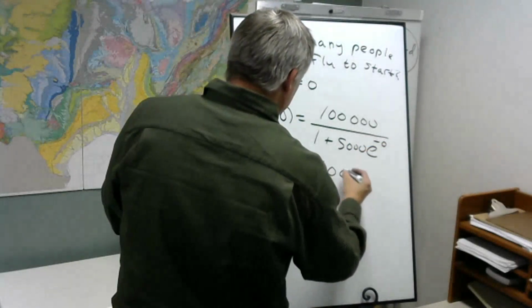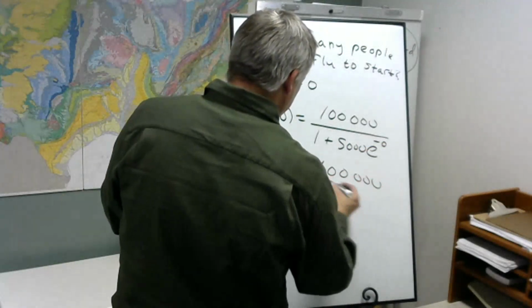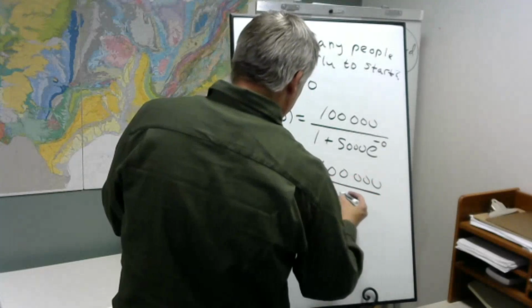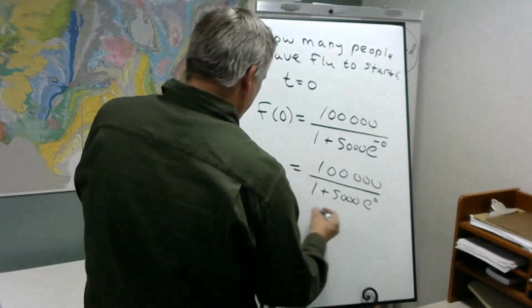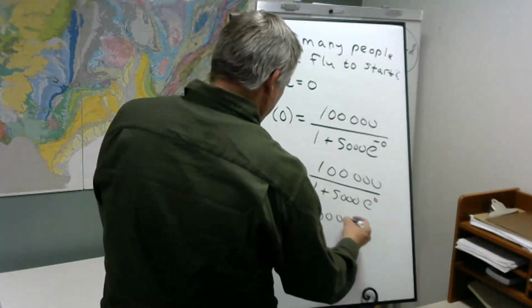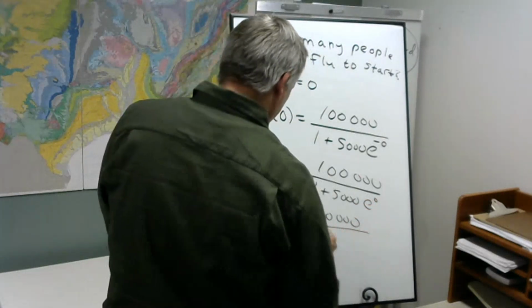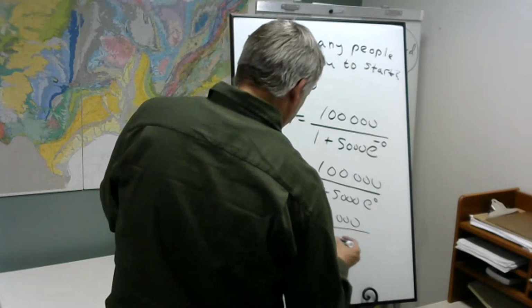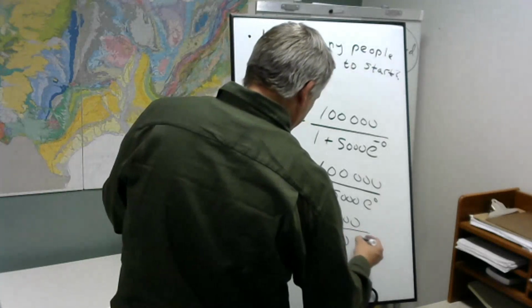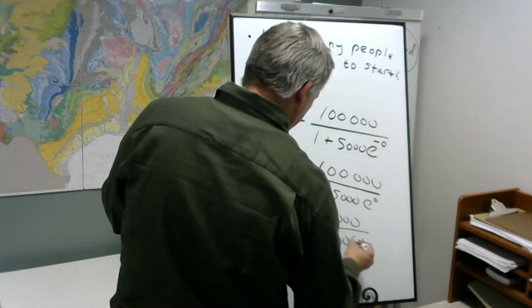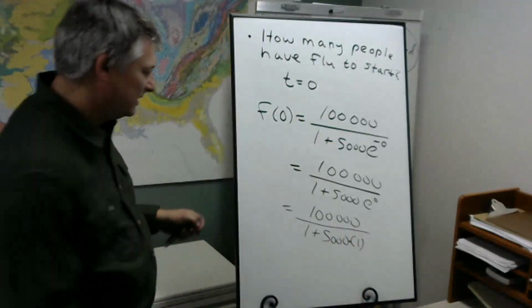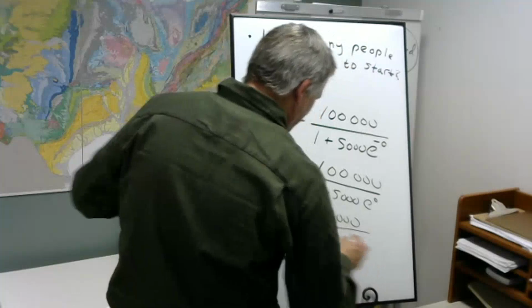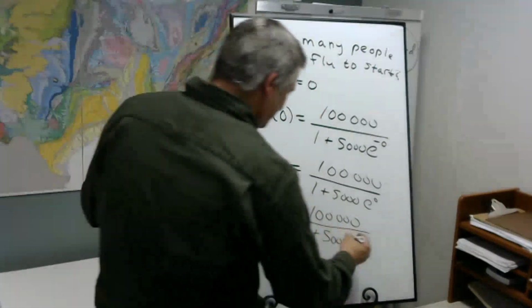So we're going to get 5,000 times 1. It's a little clearer.